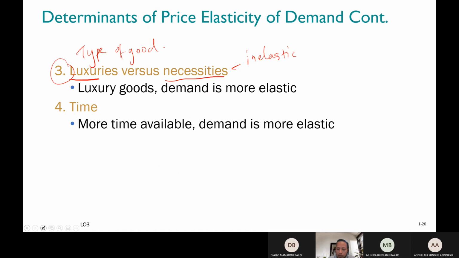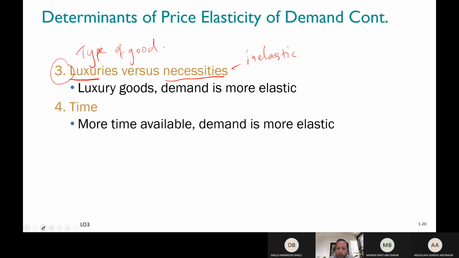So in that case, it is inelastic. But for luxuries, if the price is high, then you wouldn't buy it. But if the price goes down by 50%, then there will be more demand.